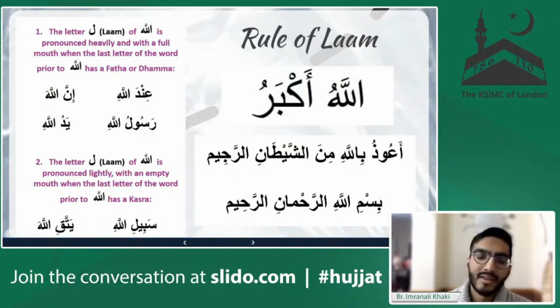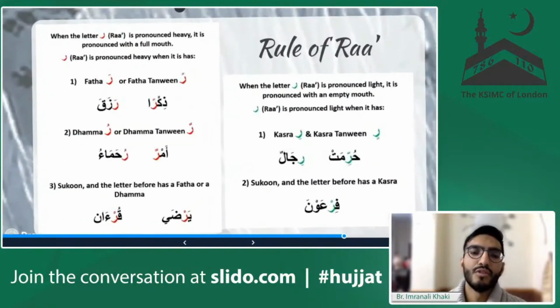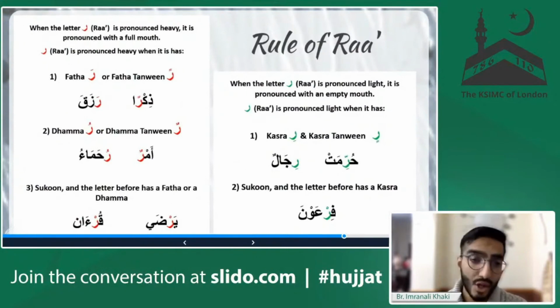Then the next lesson we went to was the rule of ra. Similar concept with the rule of Allah, where if the ra has a fatha or a dhamma, you pronounce it with elevation, with a full mouth, ra or ru. And then we said if the ra has a sukun on it, we look at the letter before it. If the letter before it has a fatha or a dhamma, then you pronounce the ra with a full mouth.